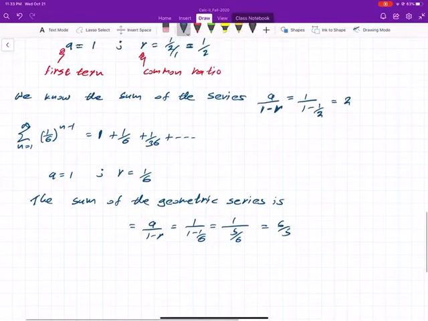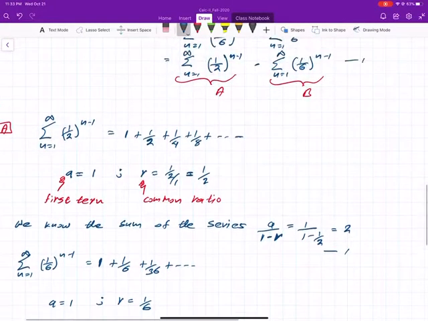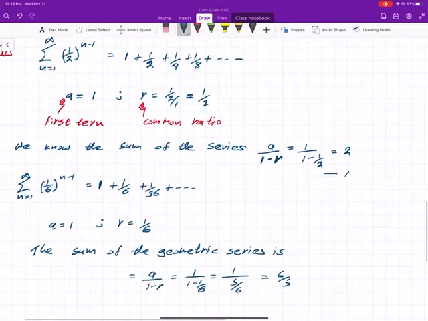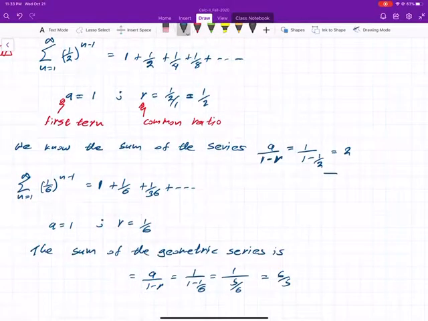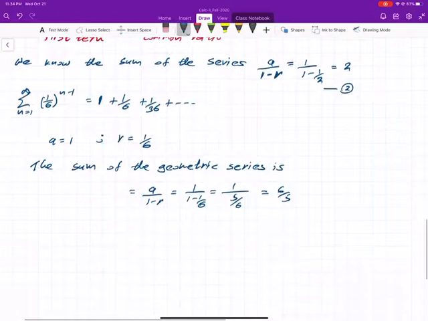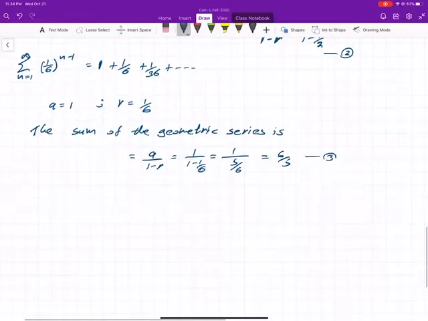Alright, so let's take the original series as equation 1, the sum of series A as equation 2, and the sum of series B as equation 3.